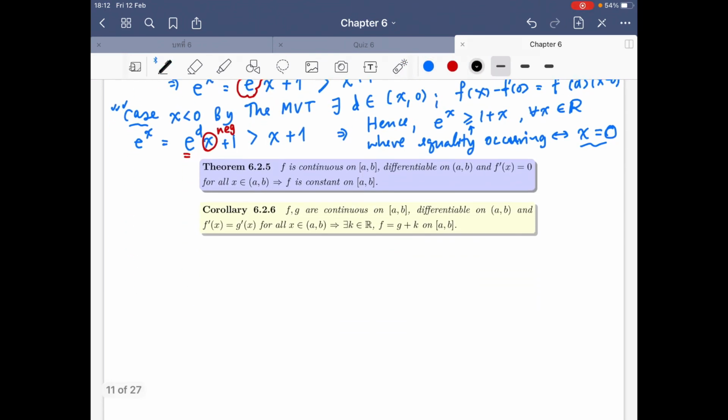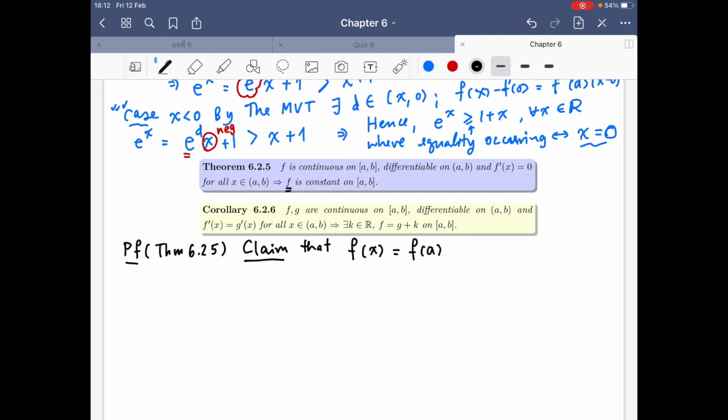So let's do the proof of the theorem first, and later on we are going to talk about the corollary. We are going to claim that f is constant over this closed interval, so it means that f of x should be equal to the function value at either the left end or the right end.